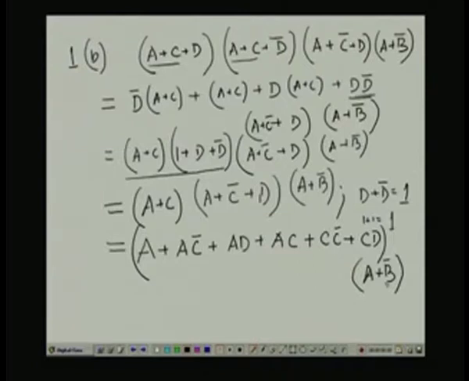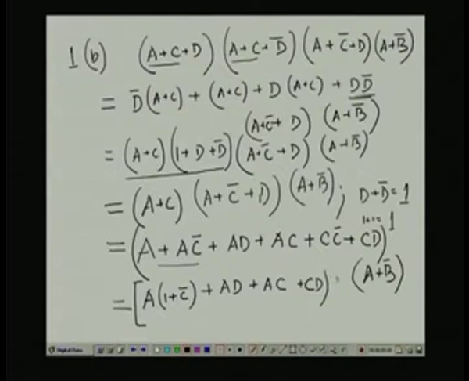Now, this is a nice equation, and if I take two terms at a time, say A plus A C bar, from here if I take A common, then this becomes 1 plus C bar, and I keep the term A D plus A C plus C C bar, which becomes 0, plus C D, and then A plus B bar.